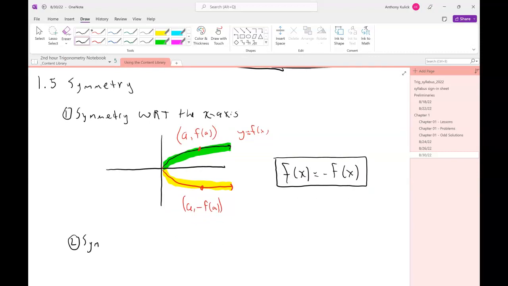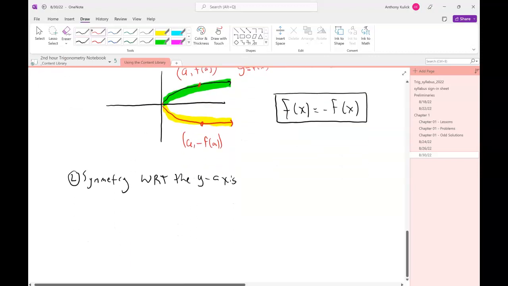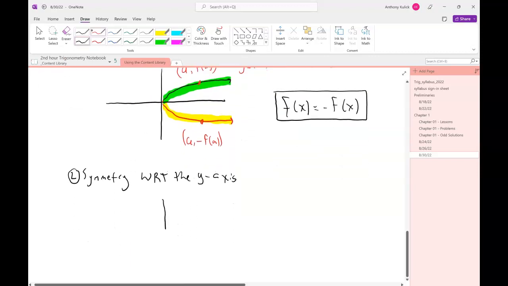So if I have symmetry with respect to the x-axis, what other type of symmetry do you think we have? Y. Yes. Okay. So what's that picture going to look like?